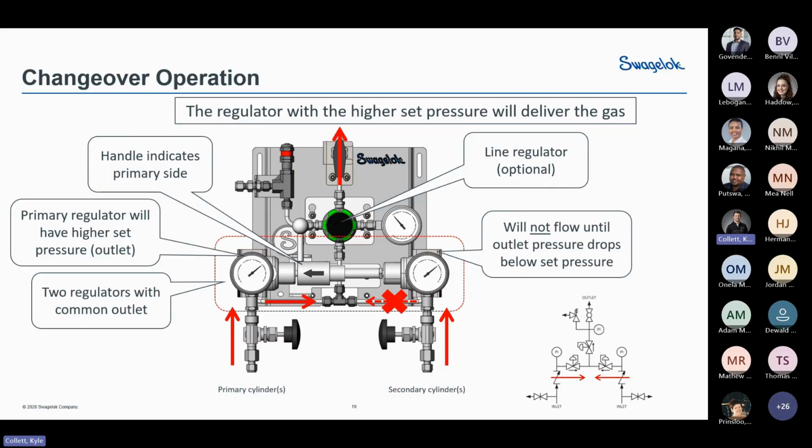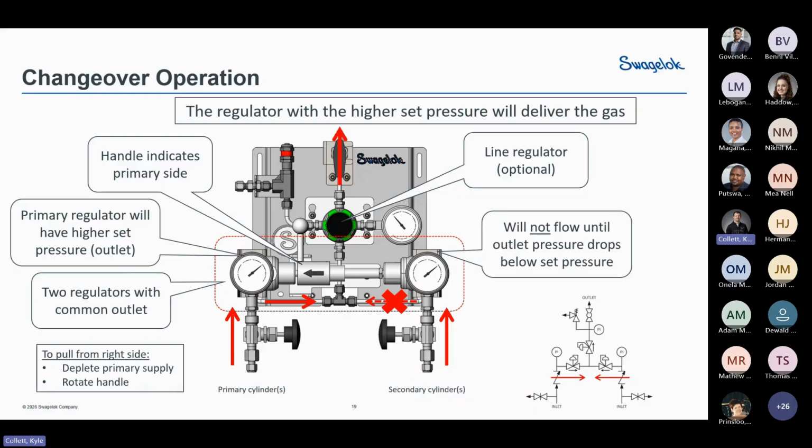The regulator on the right-hand side is set at 10 bar. So once your supply depletes on the left-hand side past 10 bar, the system will automatically start feeding from the right-hand side, thus it being the greater pressure than the one on the left-hand side, and will feed through downstream.